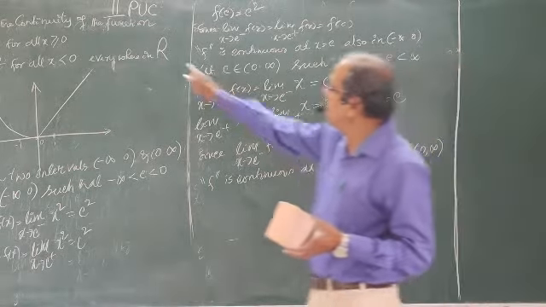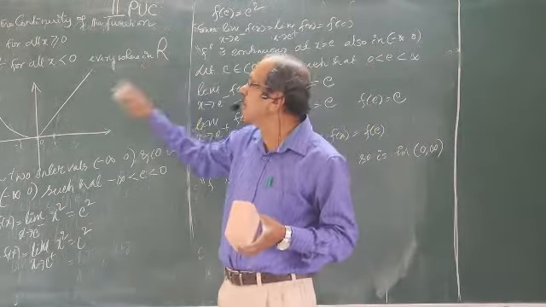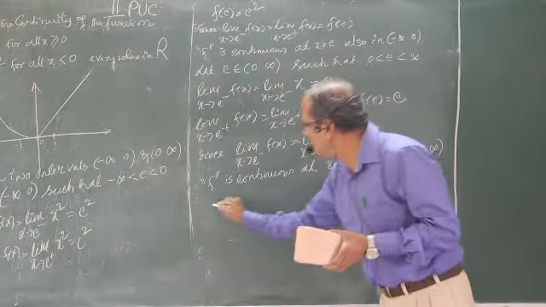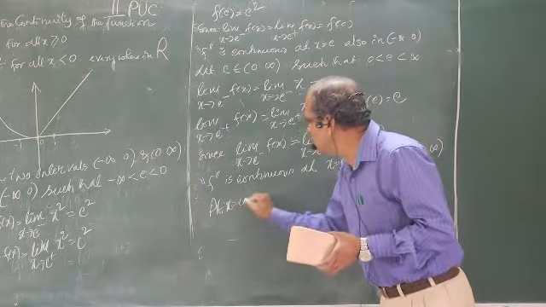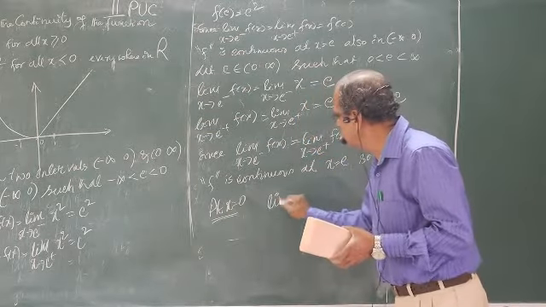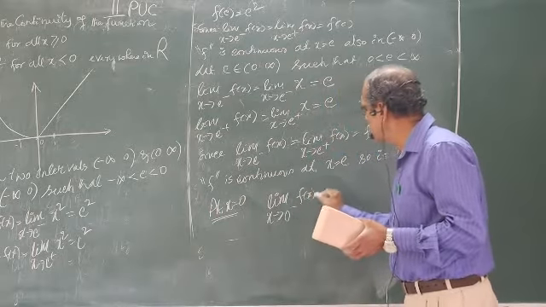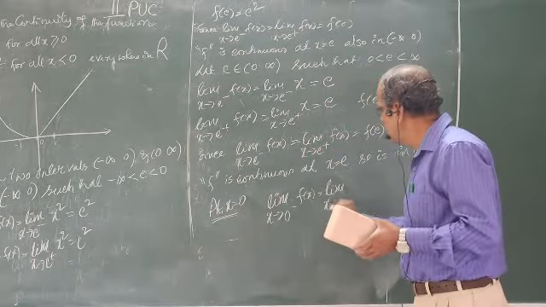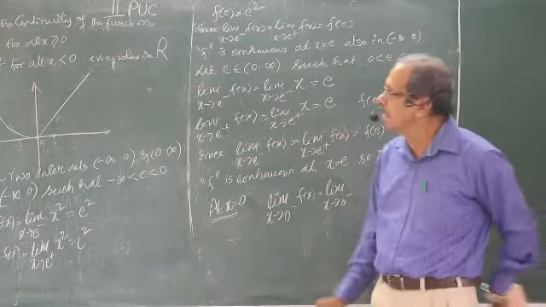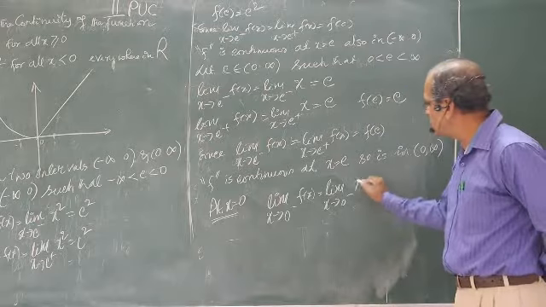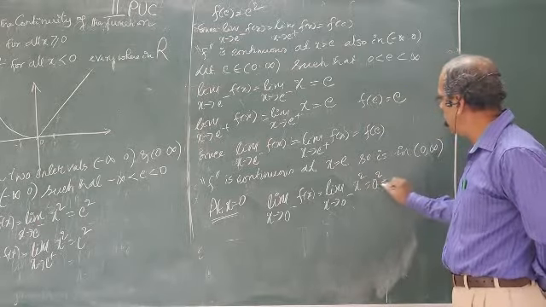Finally, everywhere in R, remember, everywhere in R means even at 0 it should be continuous. So let me see. At x equal to 0, limit x tending to 0 minus of f of x. You are approaching 0 from the negative side, means x square, 0 square, 0.